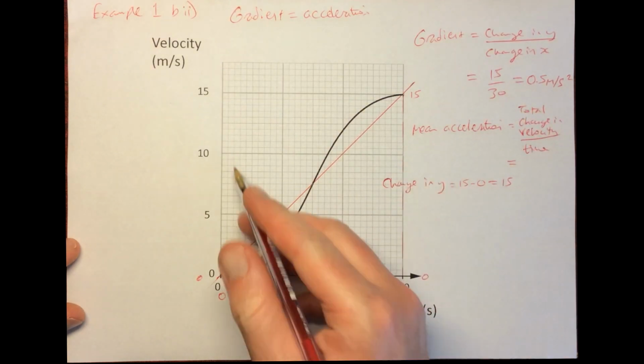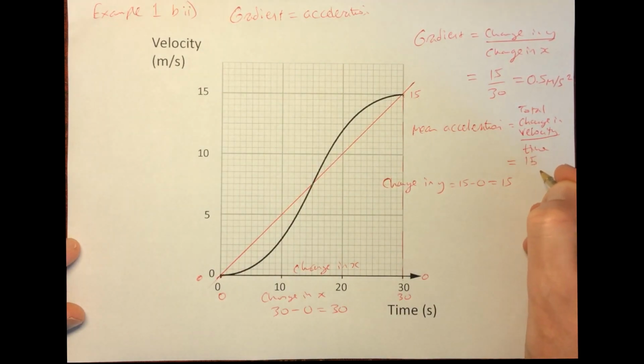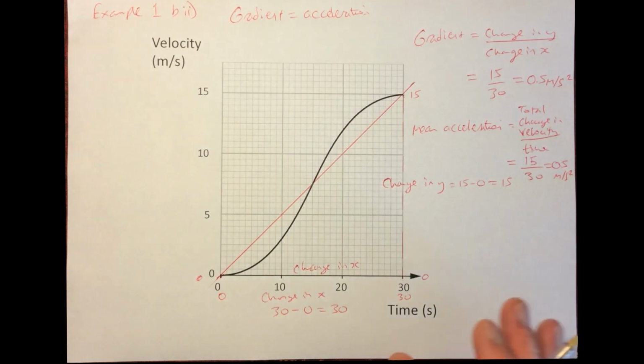And that's equal to, well, we know that the total change in velocity here is 15 because we're going from 0 to 15. And we know that the time is 30. So it's 15 divided by 30, which again gives us 0.5, and the unit is meters per second squared. Okay, so either way you do that, you're going to get the same answer.